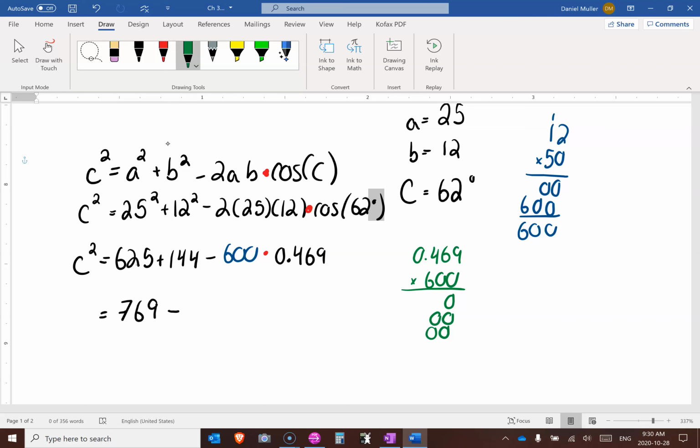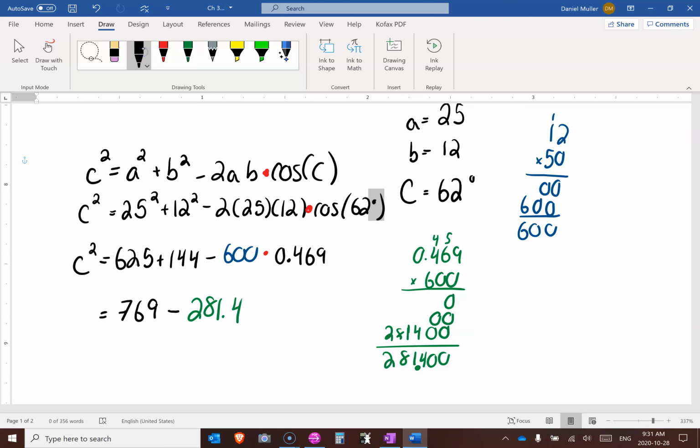And 6 times 9 is 54, and so on, 24 plus 4 is 28. So I'm at 281,400 with 3 decimal places. So I gotta go 3 in. So I'm at 281.4.